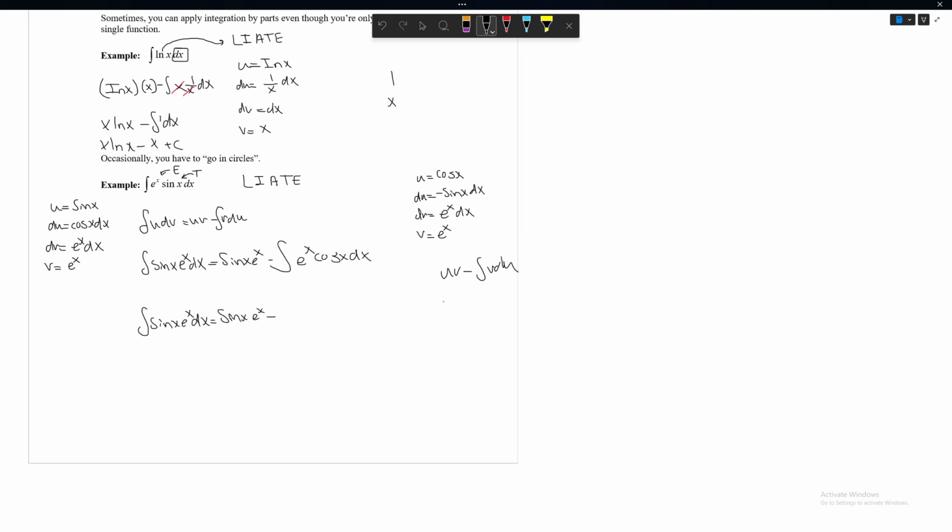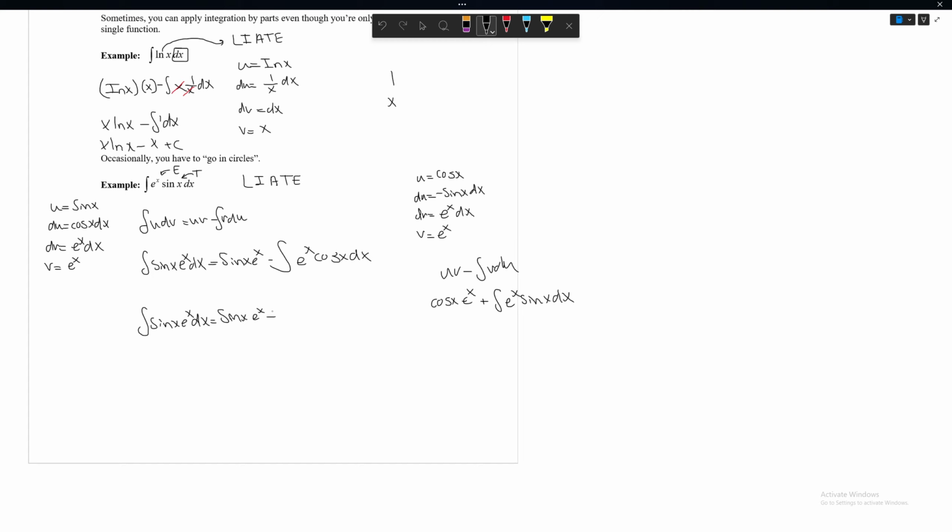And now when I sub it in, I'll get cos x e to the x. I don't know why I'm slow today. I'm just subbing stuff in. The integral of v, which is e to the x, and du, which is negative, so this will become plus sine x dx. All right. And so we got our left side.